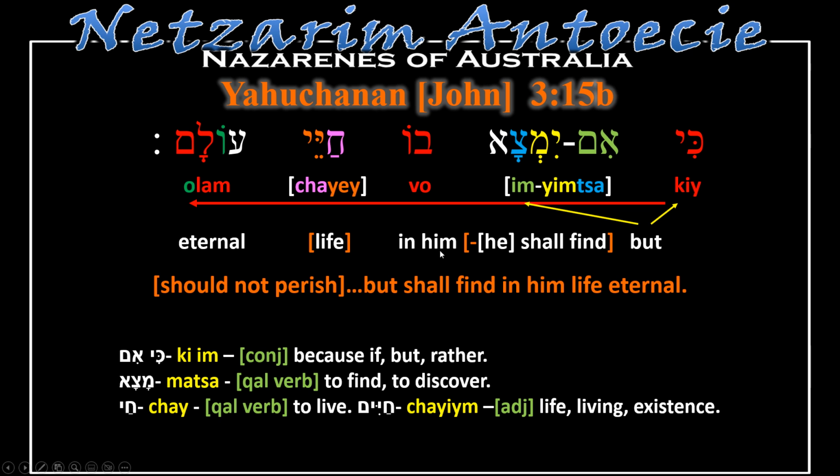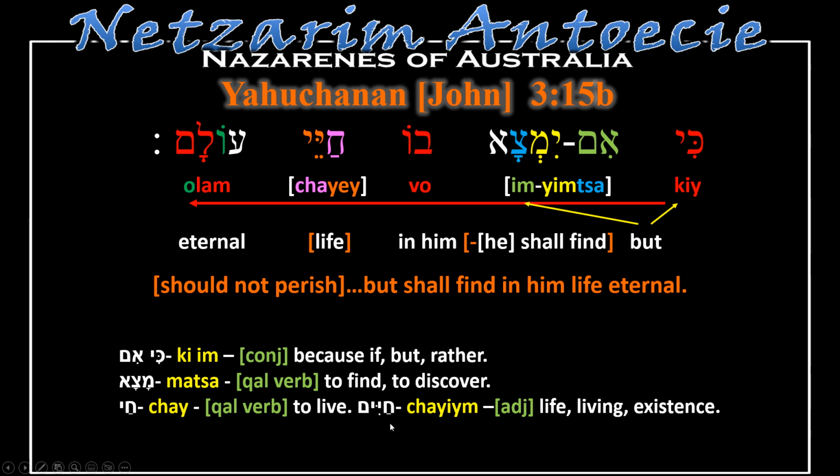Vo, which is in him, chaye, life. And that's more like a construct form, life, meaning it's connected with the next word, which is olam, meaning eternal. So, should not perish from the previous part, but shall find in him life eternal. So I've given you matza, which is a kal verb to find, to discover, and then I've given you chai, which is a kal verb to live.